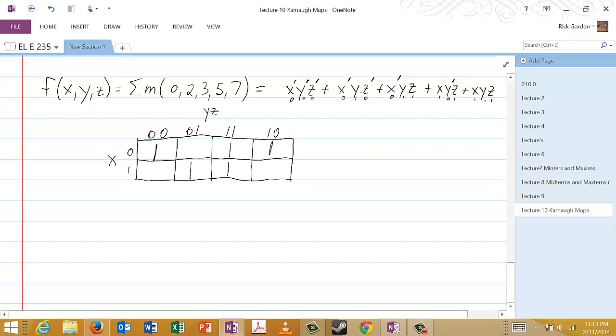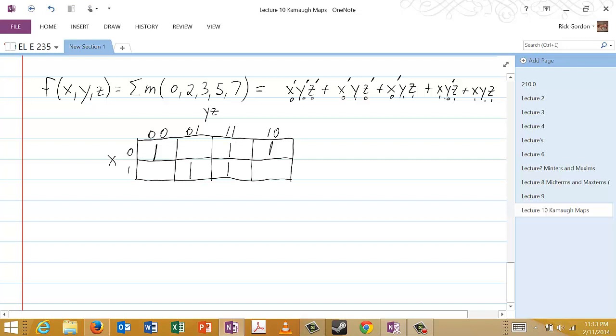Likewise, for this one, we want x to be 0, y to be 1, z to be 0, because that would make this term 1, which would make f 1. So we go to the 0, 1, 0 cell, 0 for x, and 1 and 0, and that's this one. For this one, we would have 0, 1, 1, and 0, 1, 1 is right here.